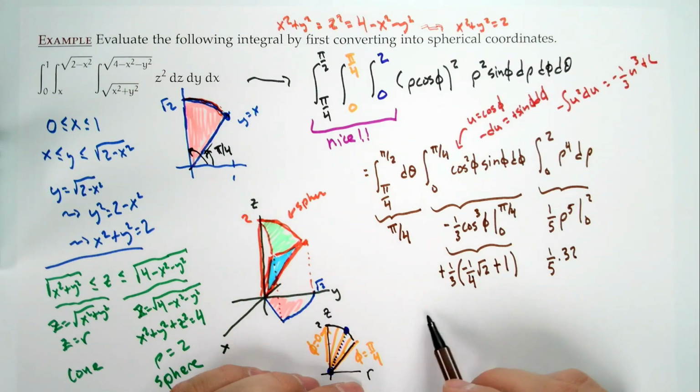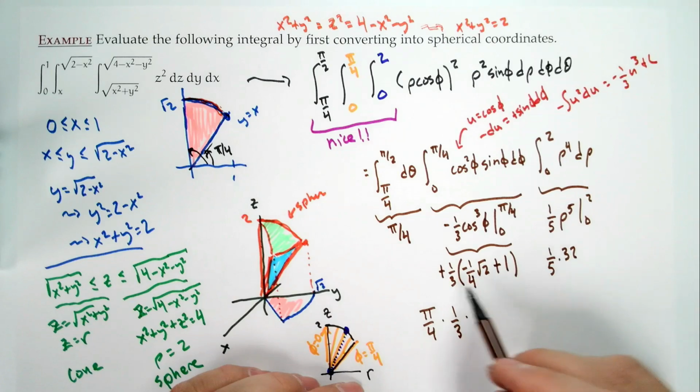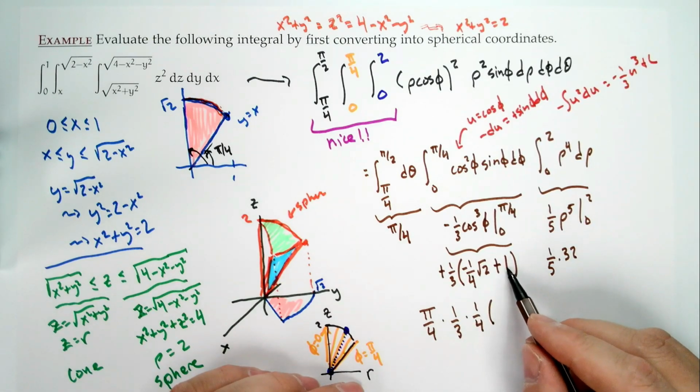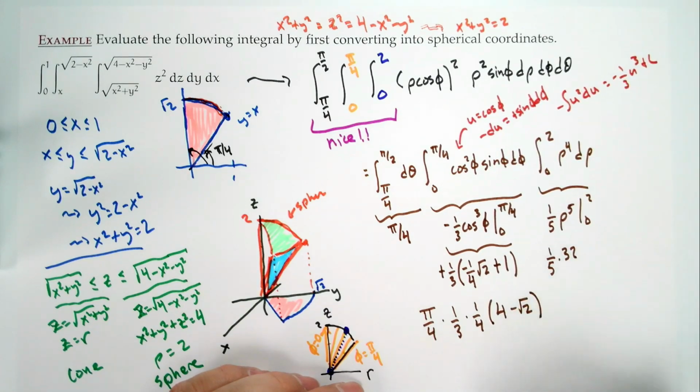Okay, well, let's see what happens. We have pi fourths times, here I'm going to have 1/3, and let's go ahead and pull out a fourth. If I do that, what's going to be left is a positive 4 from the 1, and a minus root 2 from the first term. Then finally I'm going to have another 1/5 and a 32.